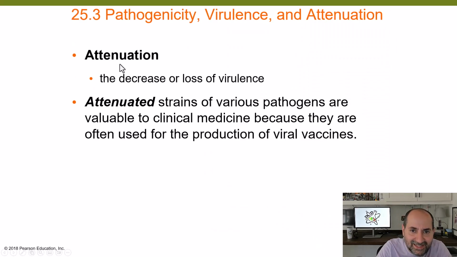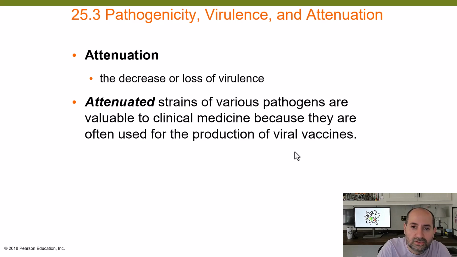Now, what is attenuation? What does this term mean? Attenuation refers to the decrease or loss of virulence of a pathogen. An attenuated strain of a pathogen is valuable for clinical medicine because they are often used for production of viral vaccines. So think of attenuation as a microorganism or an infectious agent which has been in some way incapacitated.